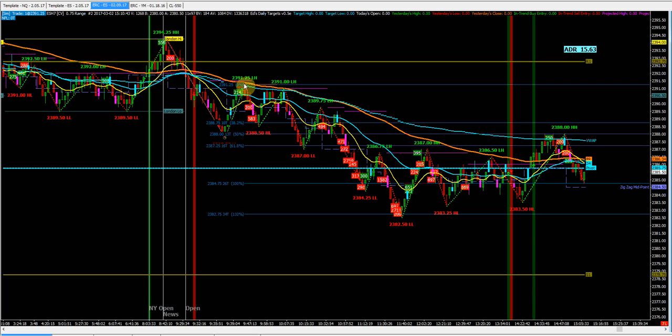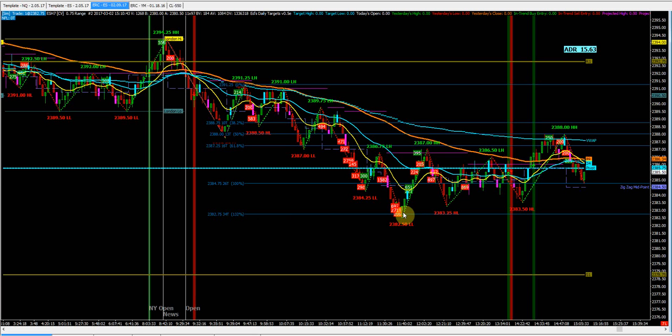And that was right at the 89 EMA. So that got us a downside target of 2384.75. In actuality, the market did go down to 2382.75, which is 132%.